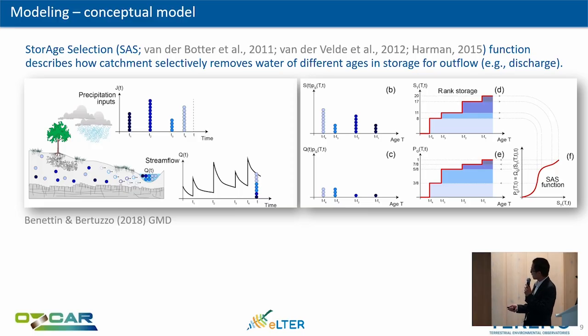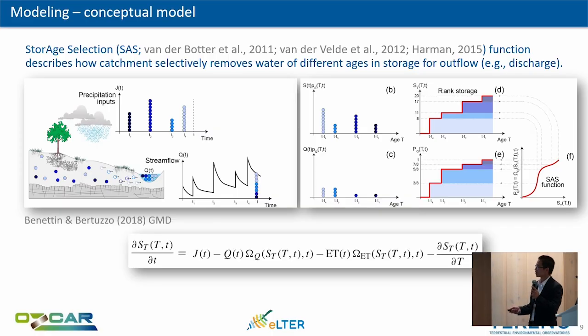The SAS function should be estimated in such a way that the tracer concentration signal derived using the transit time distribution should match the observed data. In mathematical form, this concept can be expressed like this. Normally we have the water balance equation or the mass balance equation, but here we have the water and age balance equation.